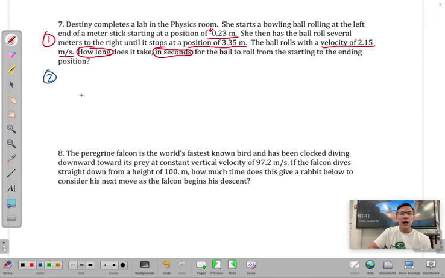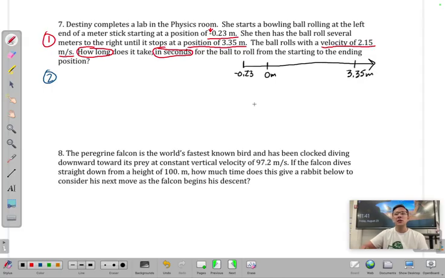It might actually be helpful to start with a diagram because it says that she rolls the ball this way, and it says that she starts it at a negative position. So if this is negative 0.23, that's where the ball starts. This would be 0 meters. The ball rolls to the right until it stops at a position of 3.35 meters.